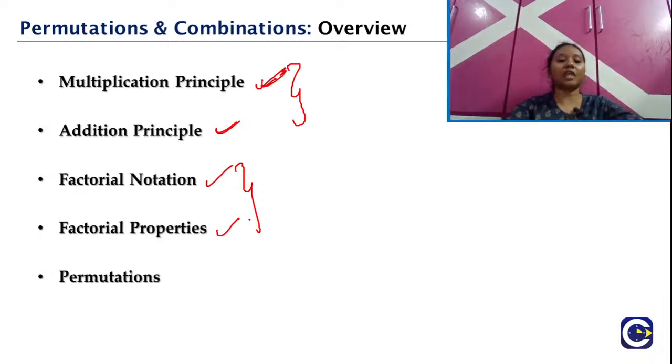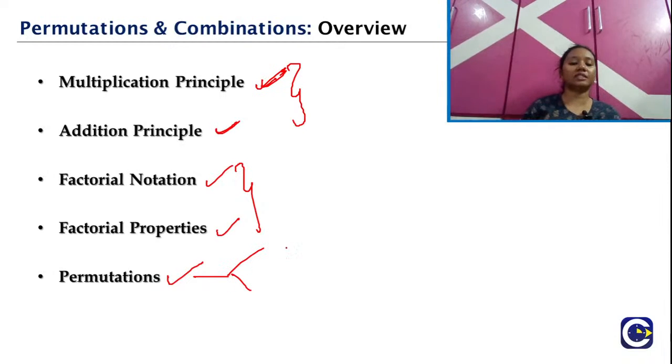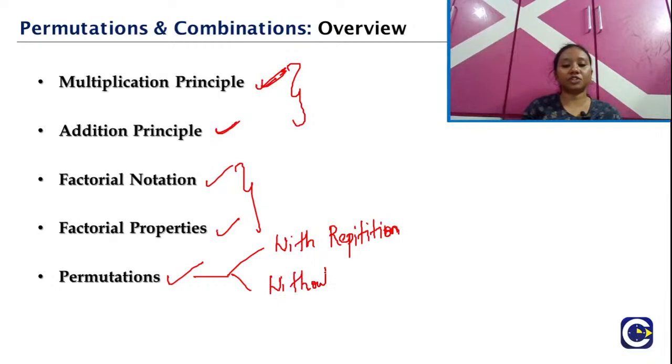Once we have had a discussion on the background of permutations, we are entering into the concept of permutations. Here in the permutation concept, we'll be having two branches, two kinds. One is with repetition and the other one is without repetition.